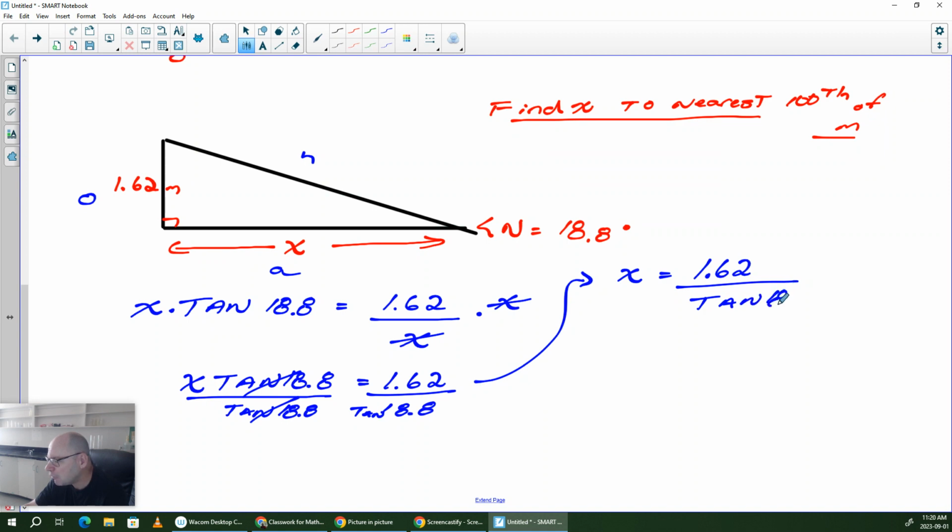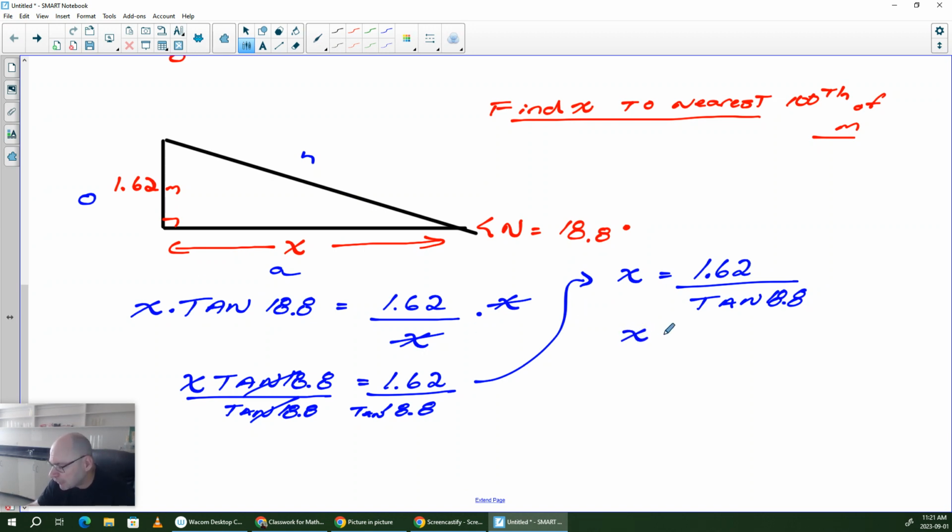So we need to know what tan 18.8 is as a decimal number so that we can do the dividing. Some calculators you can go 1.62 divide tan 18.8 equals, and they'll work if they're a bigger calculator. But sometimes a smaller calculator or the phone doesn't work that way. You have to get the tangent first and then divide by the decimal number. So you have to be careful and you have to know your calculator.